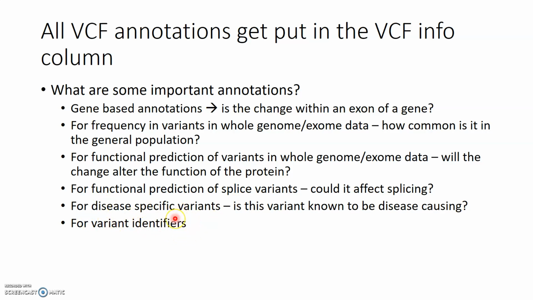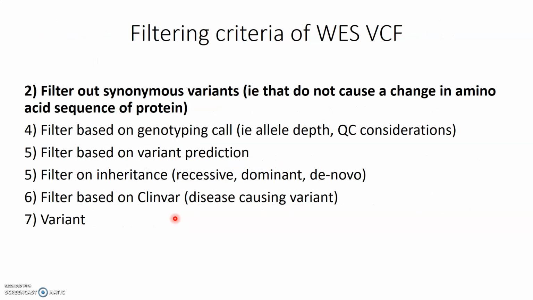We can also look for things like disease-specific variants. And so along with getting that information into databases, there are also databases of clinically relevant variants that have been found in previous studies that we can also look at. And so we can use all of this information to basically filter.